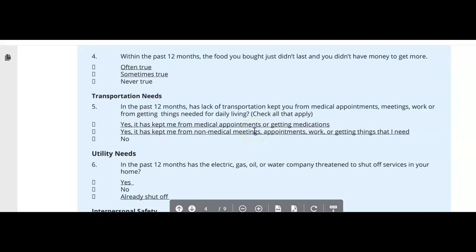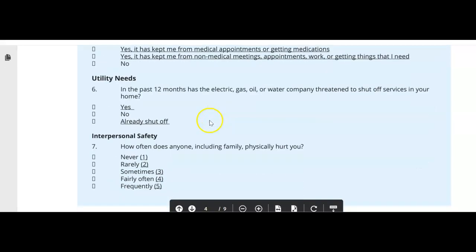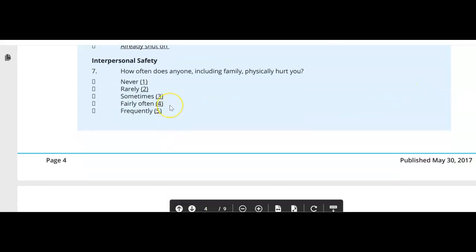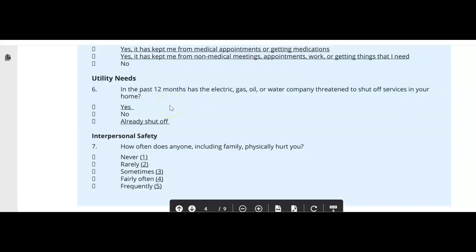This one veers off. Now, remember, the Joint Commission didn't say you had to ask for those, but questions such as those. So the CMS had come up with utility needs as far as electric, gas, and oil and water. Has it been threatened to be shut off? Yes, no, already. And then this one goes deeper into personal safety.